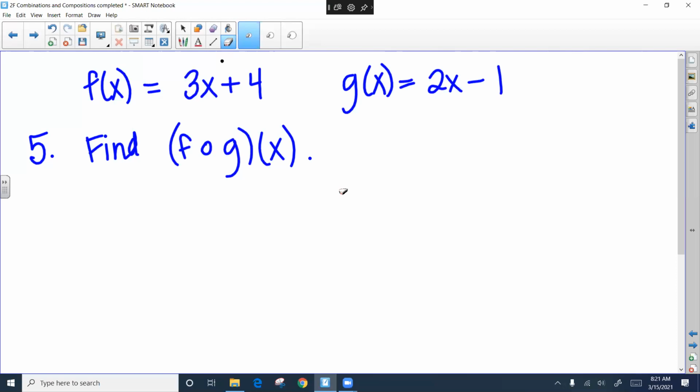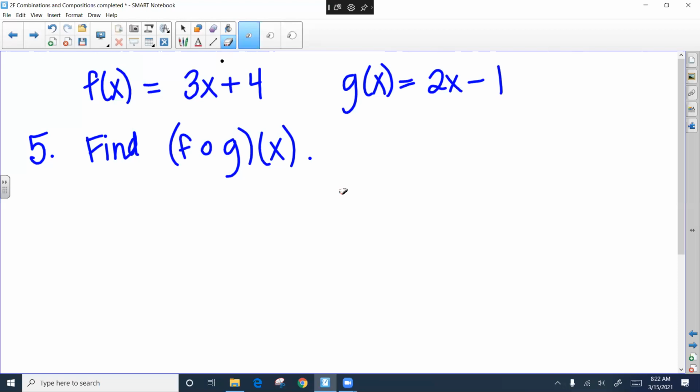So then when I do it, I think you added this together. So we have f of x is 3x plus 4 and g of x is 2x minus 1.